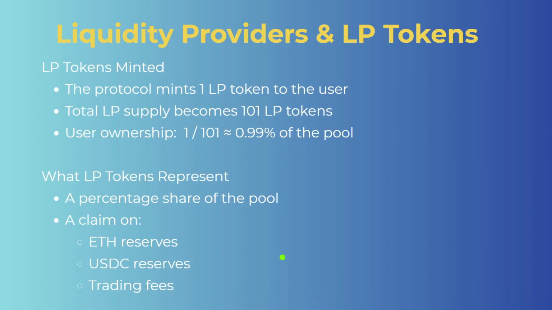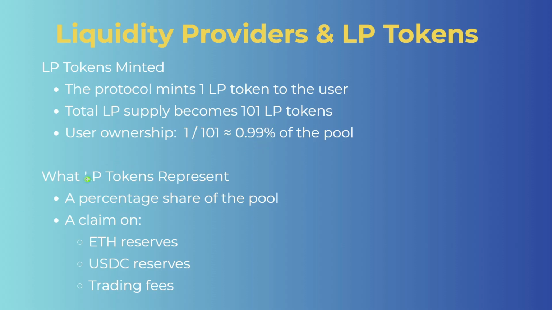The protocol mints one LP token to the user. The total LP supply becomes 101 LP tokens, and the user owns 1 over 101 LP tokens, so more or less 1% of the pool.